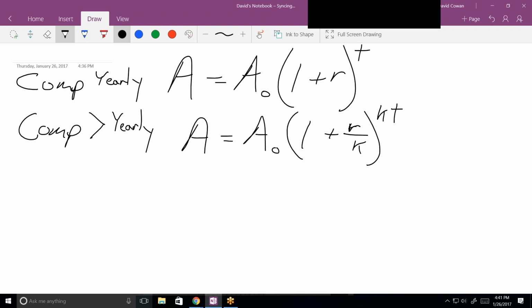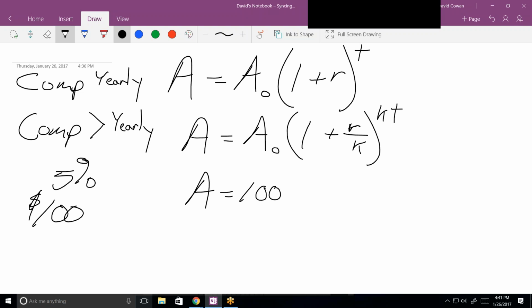So let's take the same problem. You're earning 5% per year, but this time with your $100, they're going to compound it every 3 months. So A equals $100, my starting amount, times 1 plus my annual rate of 5%, divided by 4, since I'm compounding 4 times a year, every 3 months.